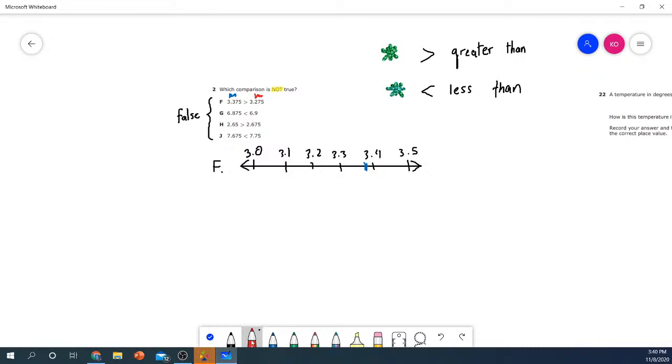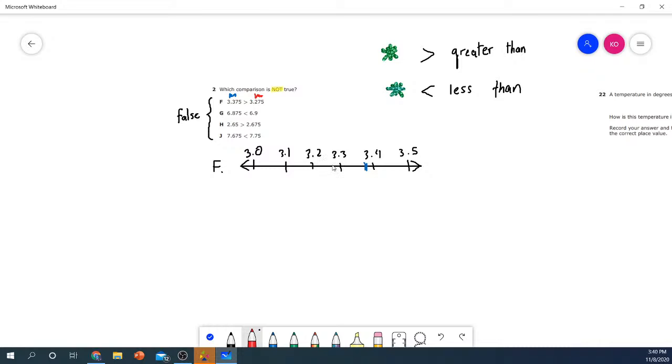Then we look at the right number, 3.275. Let's use the same technique. 3.2 would be right around here, and then we see the end, 3.275. It would be greater than 3.2 but less than 3.3, since the tenths place is not 3.3.